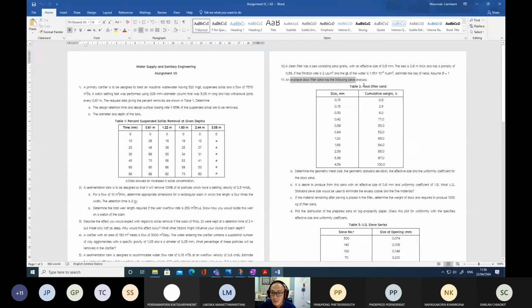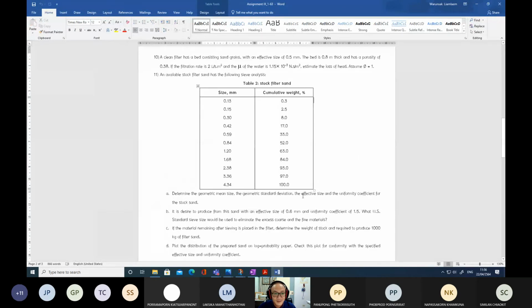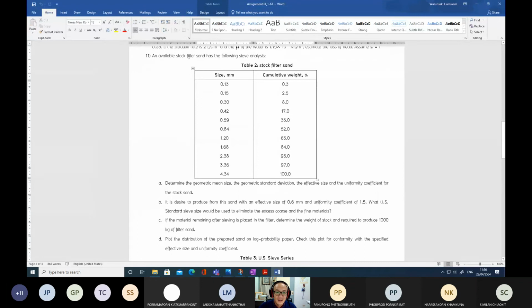Available stock sands has the following sieve analysis. These are the sizes and these are the cumulative weights. So we will take this information. Here they mention the stock sands, which is actually the natural sands.